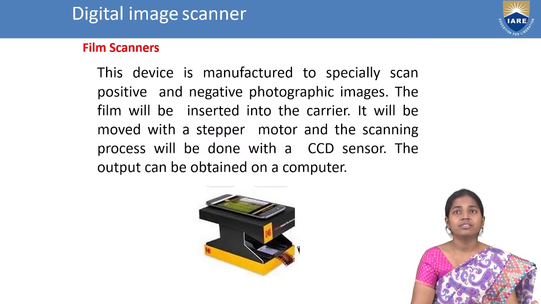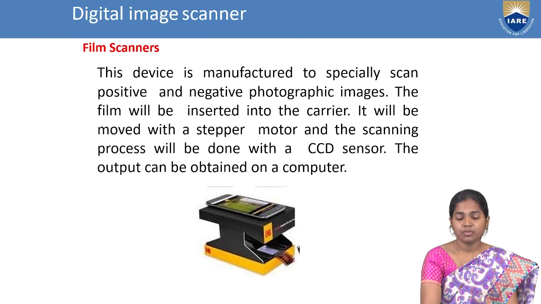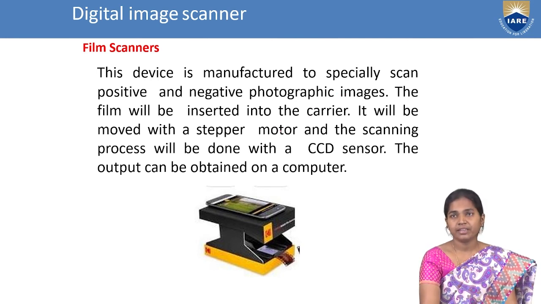And the next one is film scanner. This film scanner is manufactured to specially scan positive and negative photographic images. The film will be inserted in the carrier, so it will be moved by the stepper motor, and the scanning process will be done with a charge coupled device, CCD sensor.